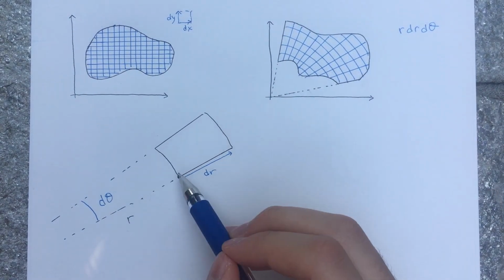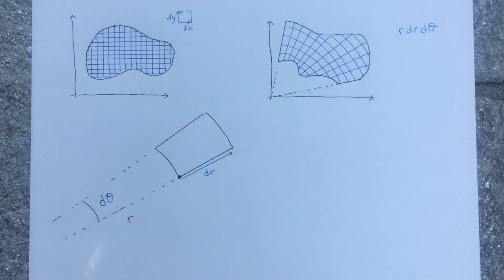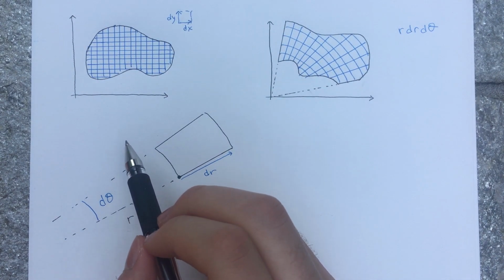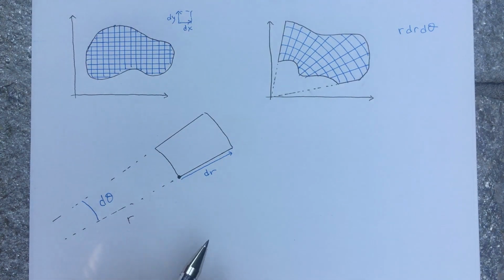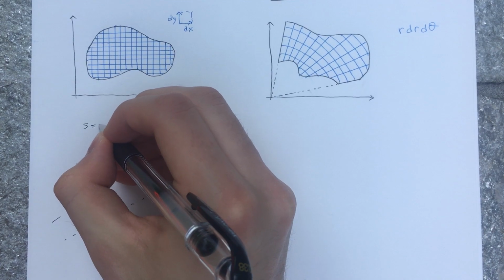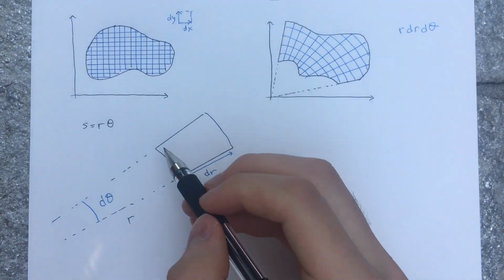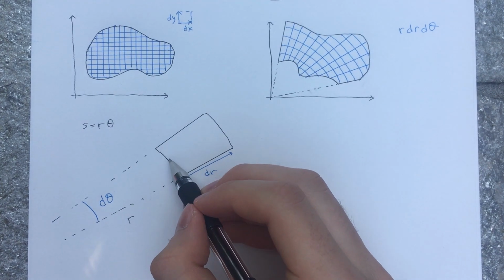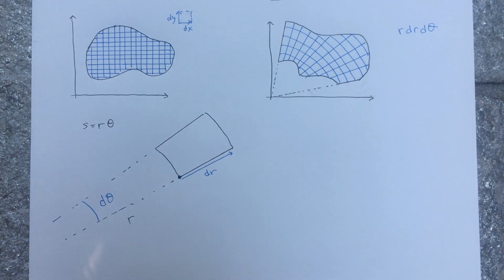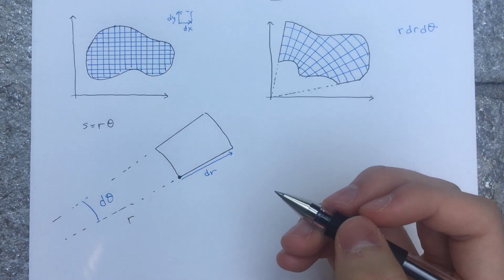Now, what is the area of this box? Well, as we know from the arc length equation, S is equal to r theta, this arc length right here is going to be r times theta, and in this case it's going to be d theta.